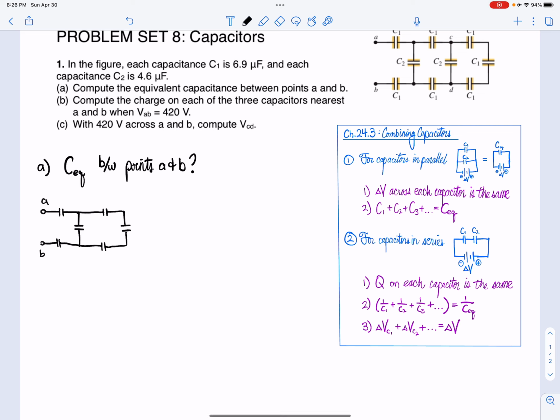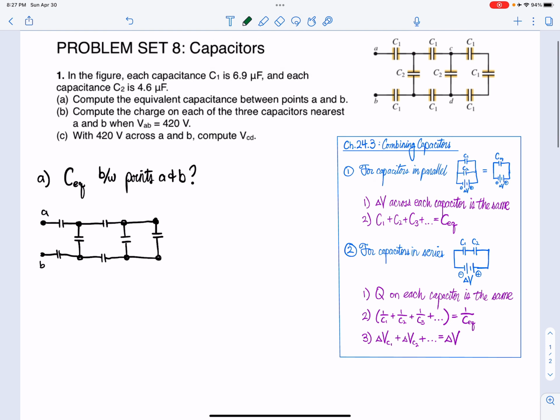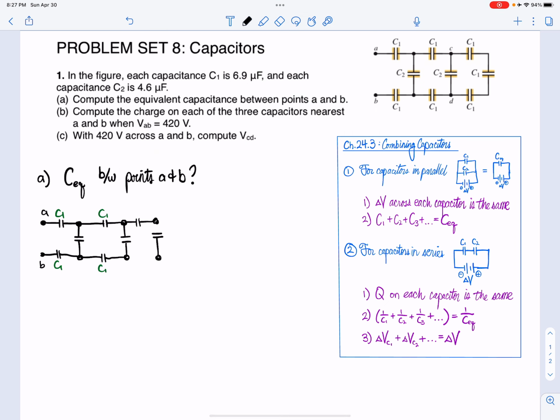Okay, so I have C1, C1, C1, C1, C1, and C1.